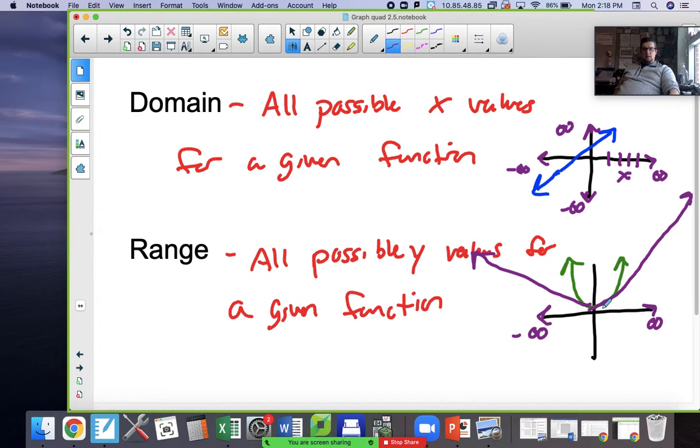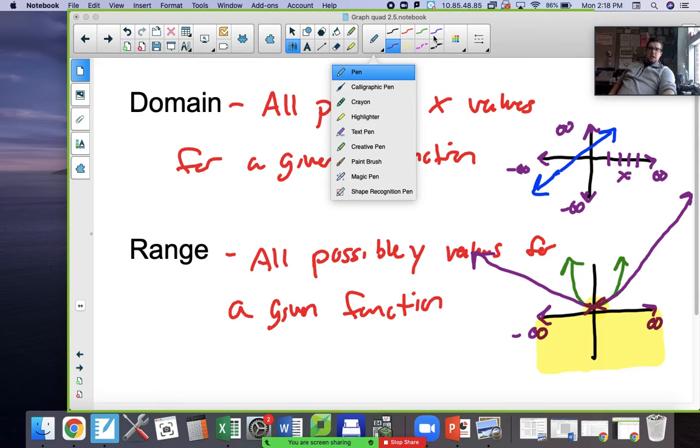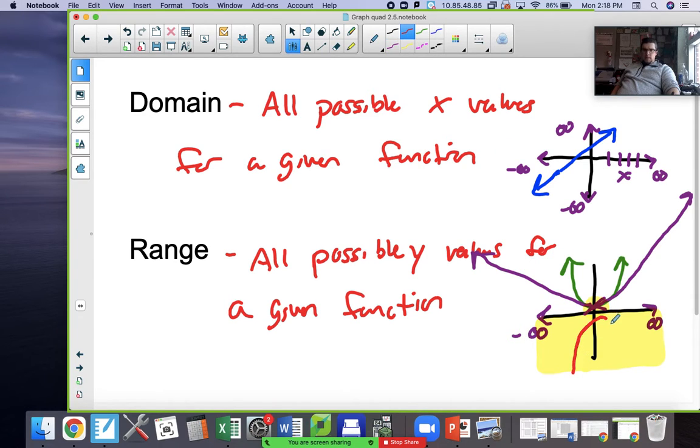But for our range, all the possible y values, our parabola is never going to get any y values less than that bottom part of the parabola. That's why our vertex right here, we classified it as the minimum. If our parabola was flipped the other direction, it's classified as a maximum. But that range is not all possible values.